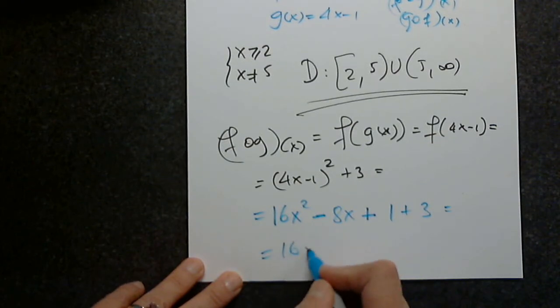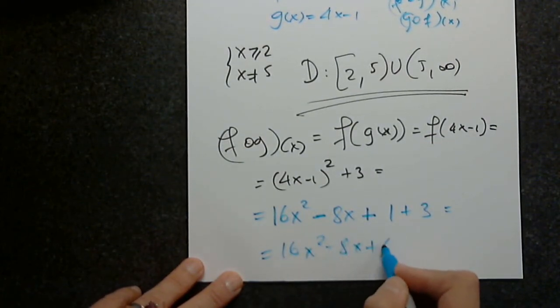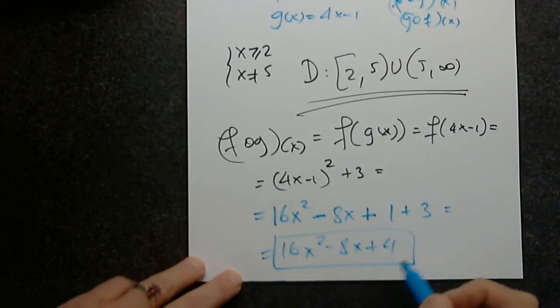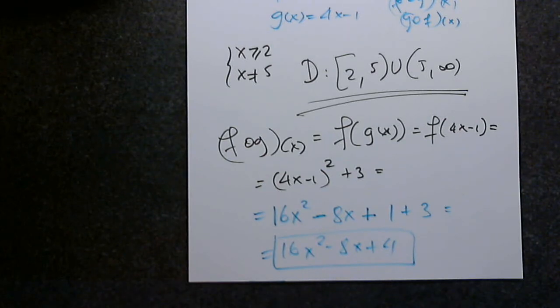So the answer is 16x squared minus 8x plus 4. Be very careful here. When we square a binomial, we always get a trinomial.